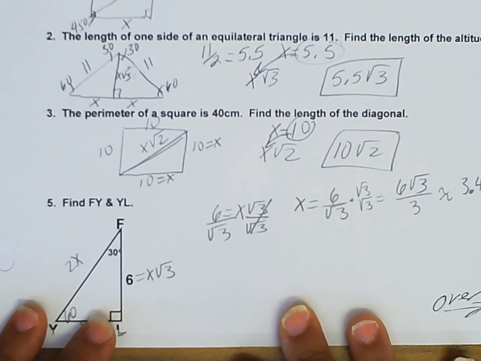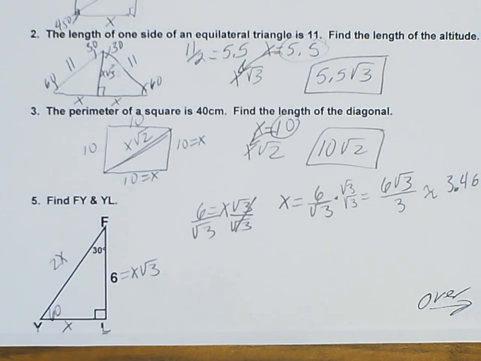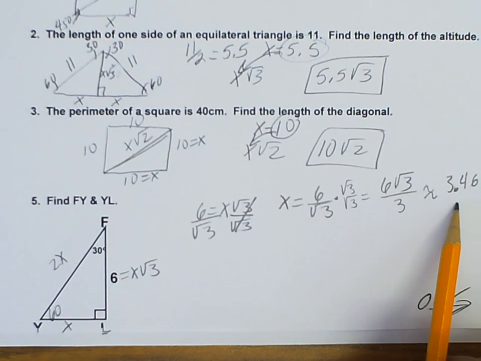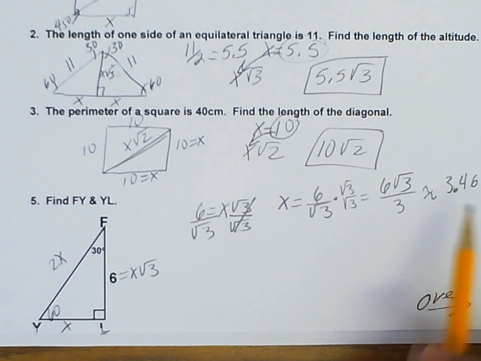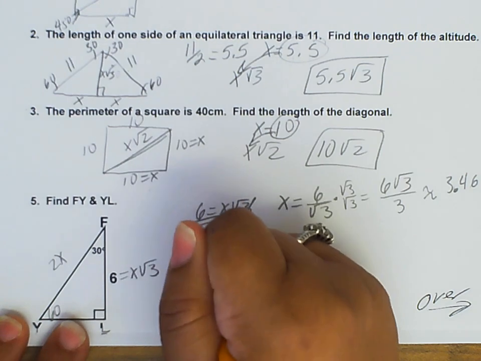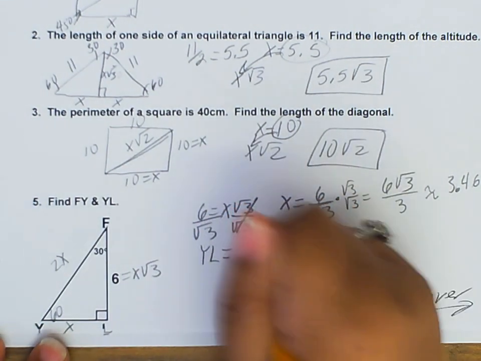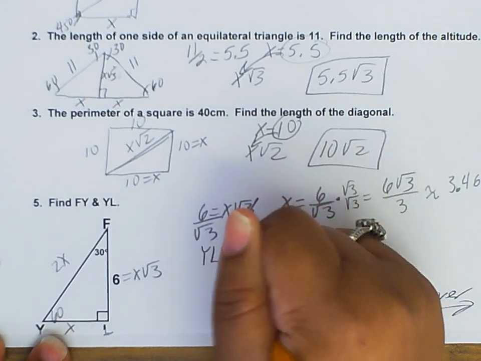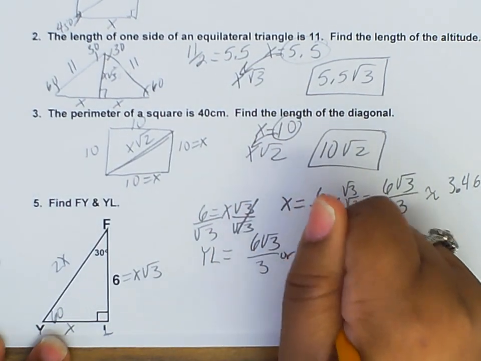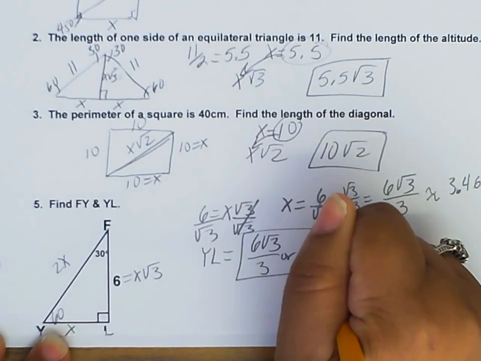So this is the same thing as that if you convert it to a decimal. So now that is x, so technically that's YL, because YL is just x. So YL is going to be 6 radical 3 over 3, or 3.46 if you convert.